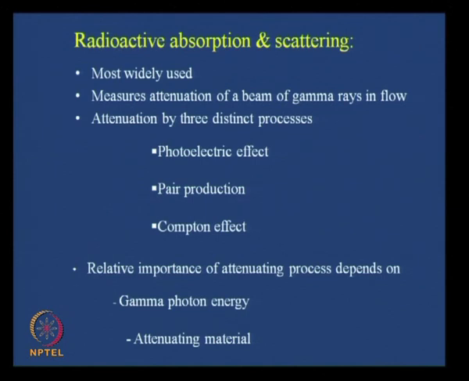And remember one thing, for the Compton effect also, there has to be a good amount of difference between the incident radiation and the scattered radiation. If both of them are of similar energy, then both will strike the transmitter, and the transmitter will not be able to differentiate between the scattered radiation and the incident radiation. So, these things have to be kept in mind.